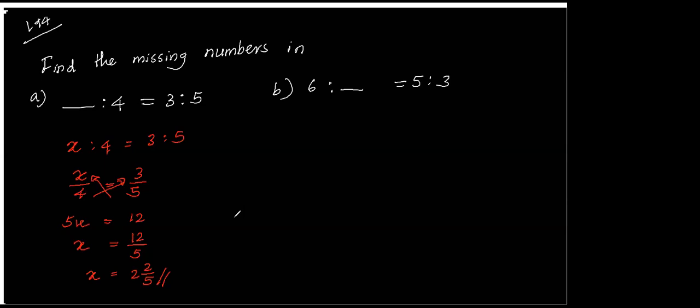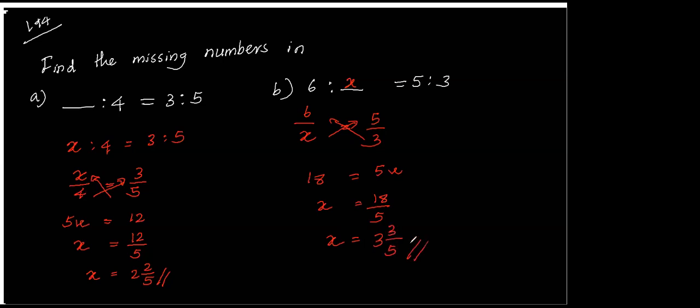Right, next one. This is also you can write as x. 6 over x, 5 over 3. First number right off, right? Then cross multiplication. 6 times 3, 18 equals 5x. x equals 18 divided by 5. x equals 3 and 3/5.